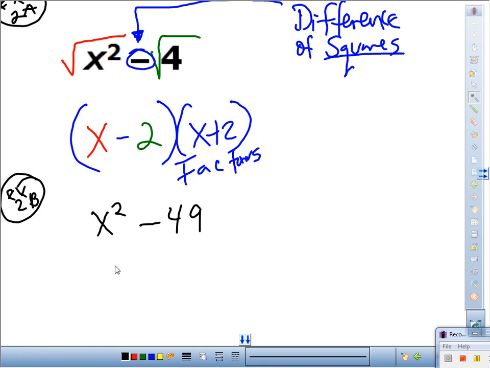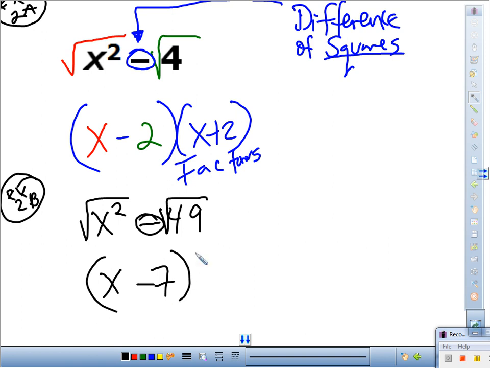How can we check to see if this is a difference of squares? Let's see. Square root of the first. X, yes. Can I take the square root of this one? Yes. Is it a subtraction? If it is, then we write x minus 7, x plus 7. These are my factors. Hands, have you got that?